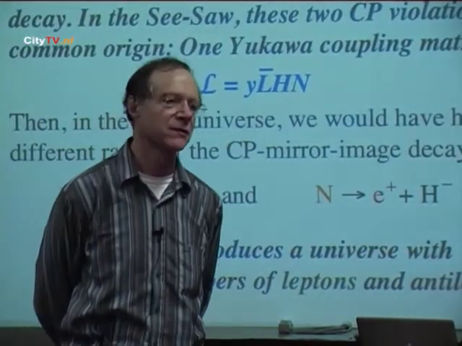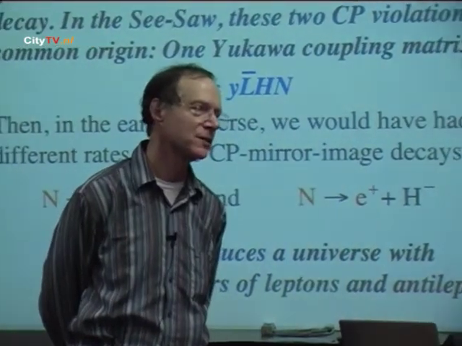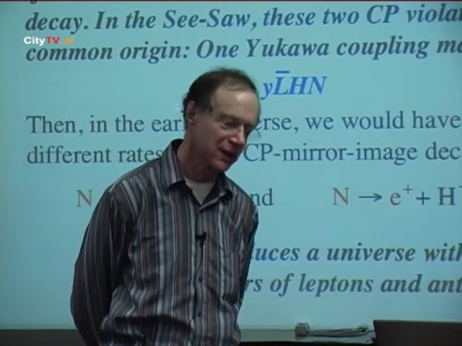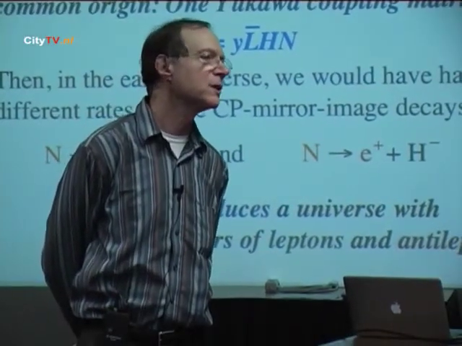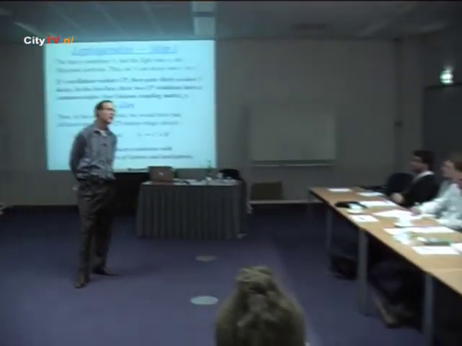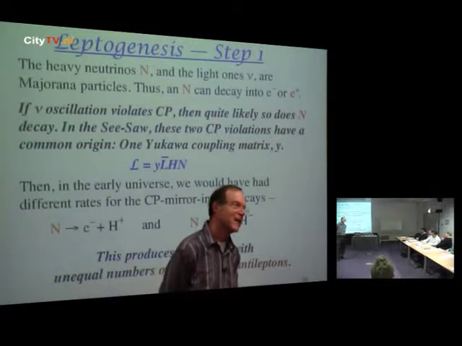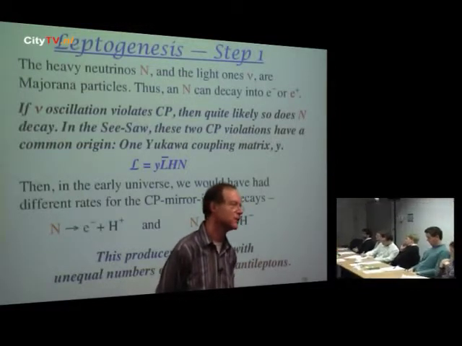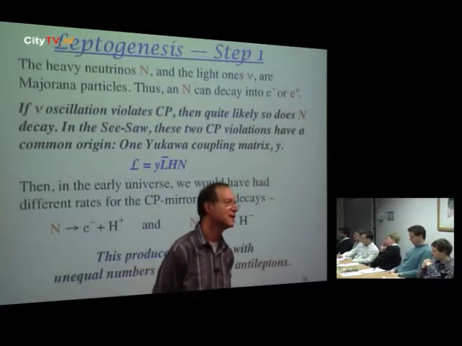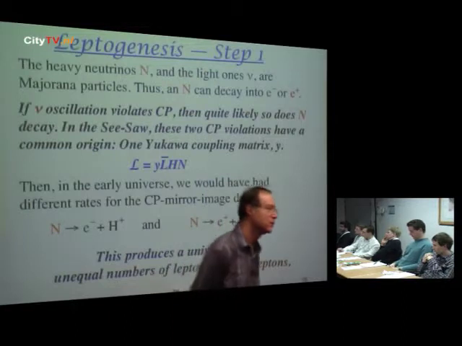It is a signature of the Seesaw that Majorana masses are present. The Majorana mass is a key ingredient of the Seesaw. That means you want neutrinoless double beta decay to occur. If you have experiments very, very much more sensitive than the present ones, and they still don't see anything, I, for one, would become skeptical of the Seesaw.